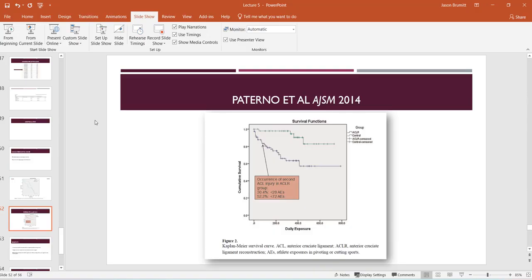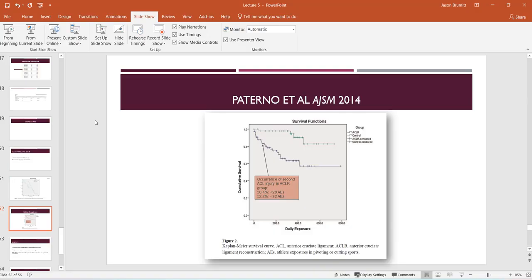Here's one from Mark Paterno. He's a physical therapist, does a lot of research in ACL injuries. And what's valuable from here, in this Kaplan-Meier survival curve, he's able to illustrate the occurrence of second ACL injury and basically highlight what percentage of people had a recurrence by their 20th athletic exposure.